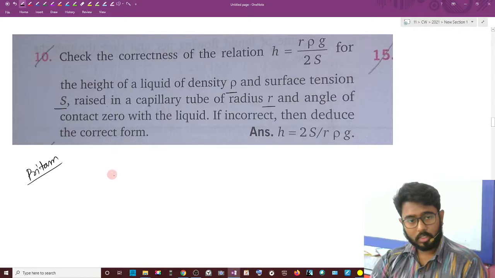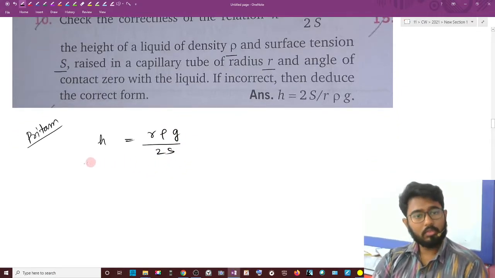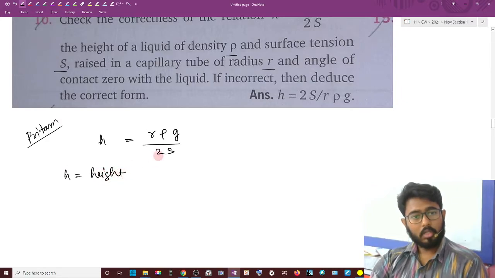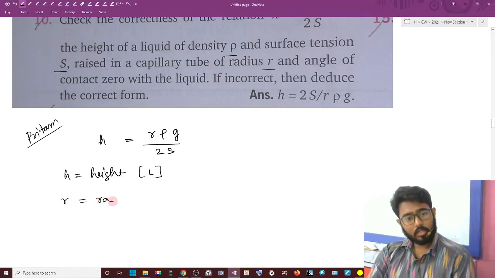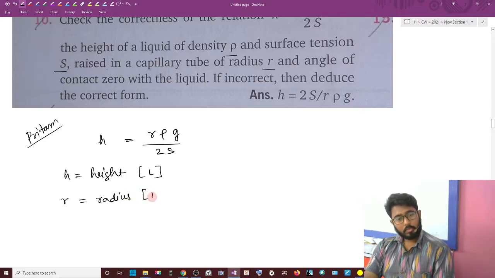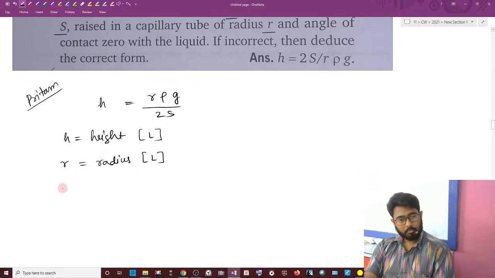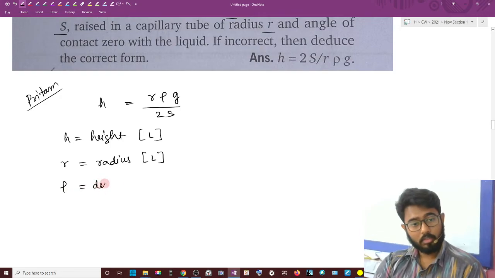প্রথমে উপরের রিলেশনটাকে দেখব যে H equals R rho G by 2s। আচ্ছা কোনটা কি একটু দেখি। H হচ্ছে হাইট, তাই না? হাইট মানে কি? সিম্পলি এল। আর হচ্ছে রেডিয়াস, রেডিয়াস মানে দ্যাট ইজ অলসো লেন্থ, সো দ্যাট উইল বি সিম্পলি এল। রো হচ্ছে ডেন্সিটি, উই নো ডেন্সিটি equals mass per unit volume, that will be m l to the power minus 3.